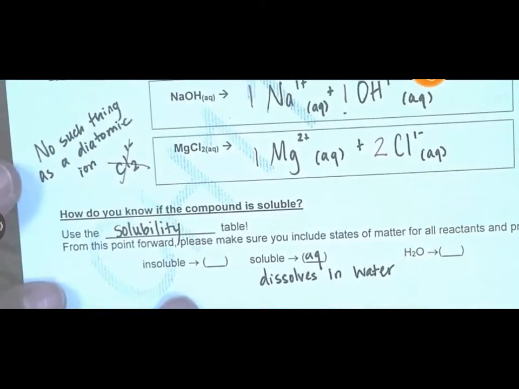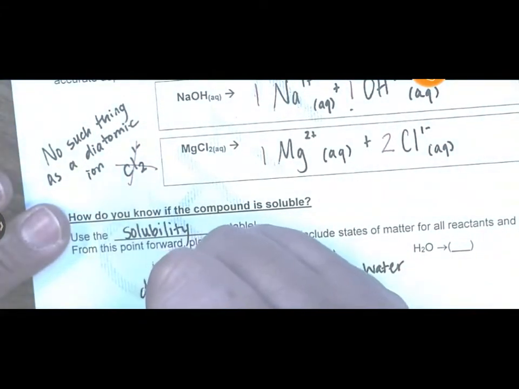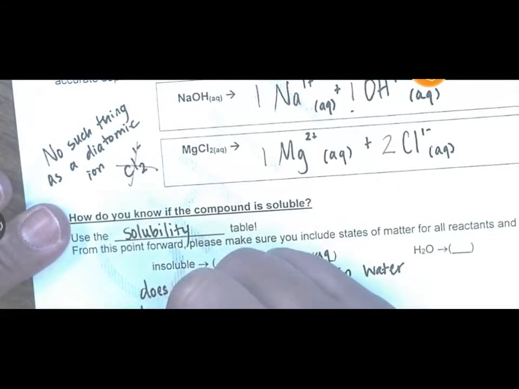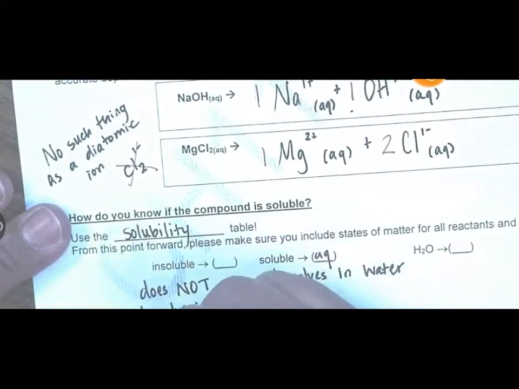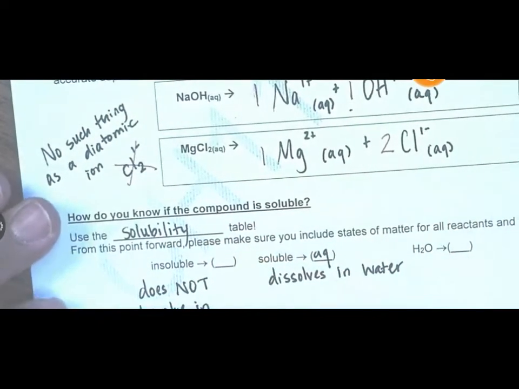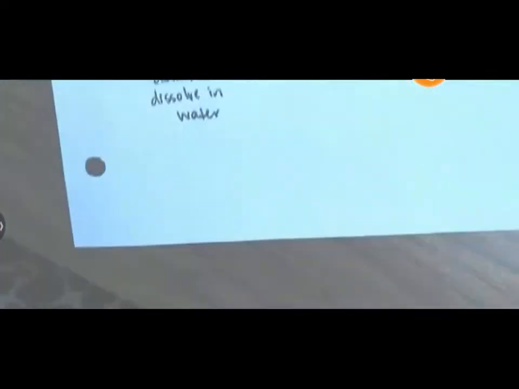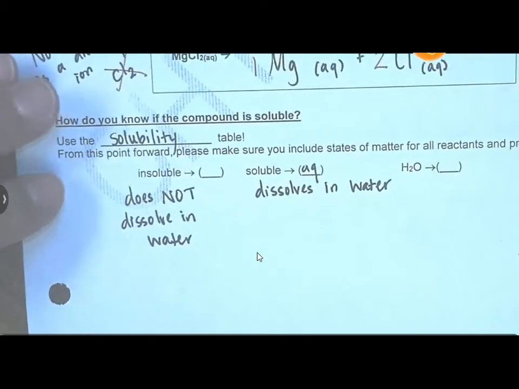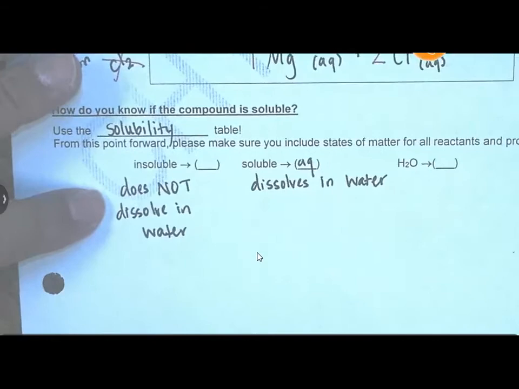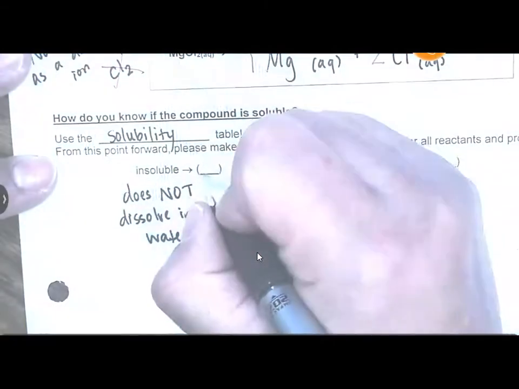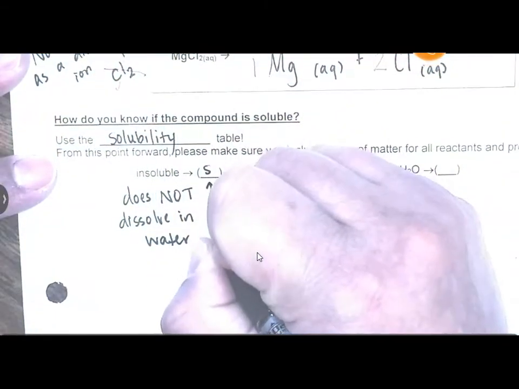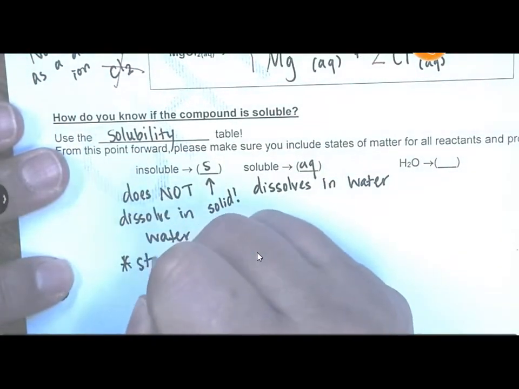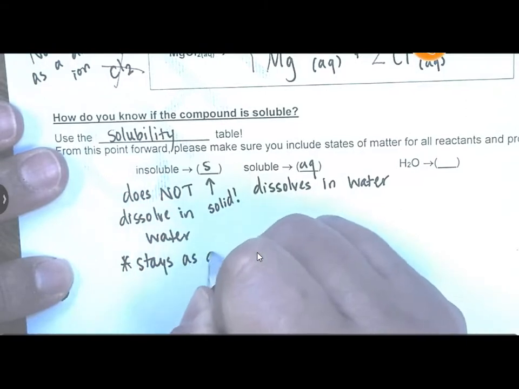What if it's insoluble? Does not dissolve in water. And so what I need to know is that if it doesn't dissolve in water, it's going to stay as a solid.